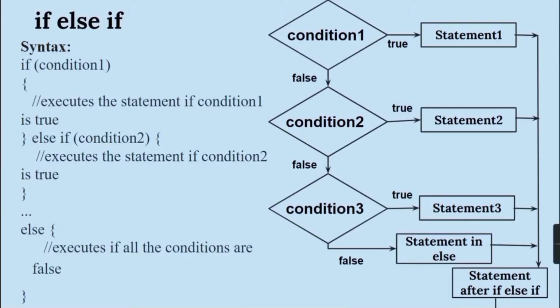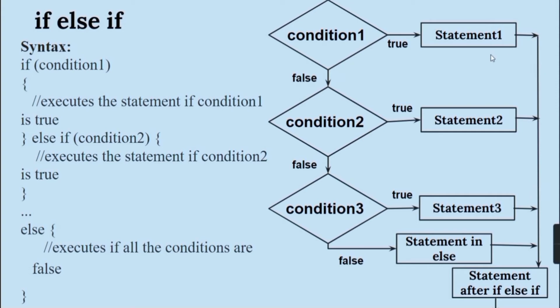For if else if, first you write if, then the if block, the else if block, and then the else part. The flowchart checks the first condition. If the first condition is true, it enters that first statement block, prints it, and then prints whatever is outside the if block.